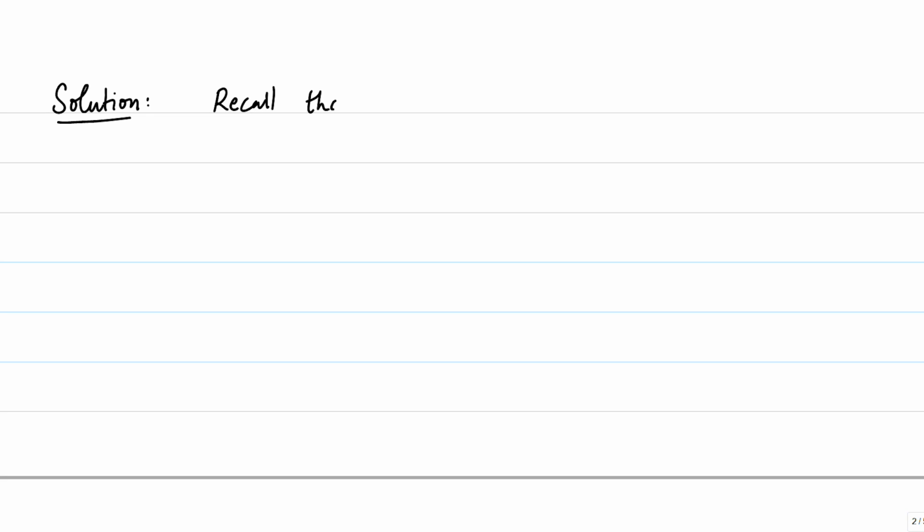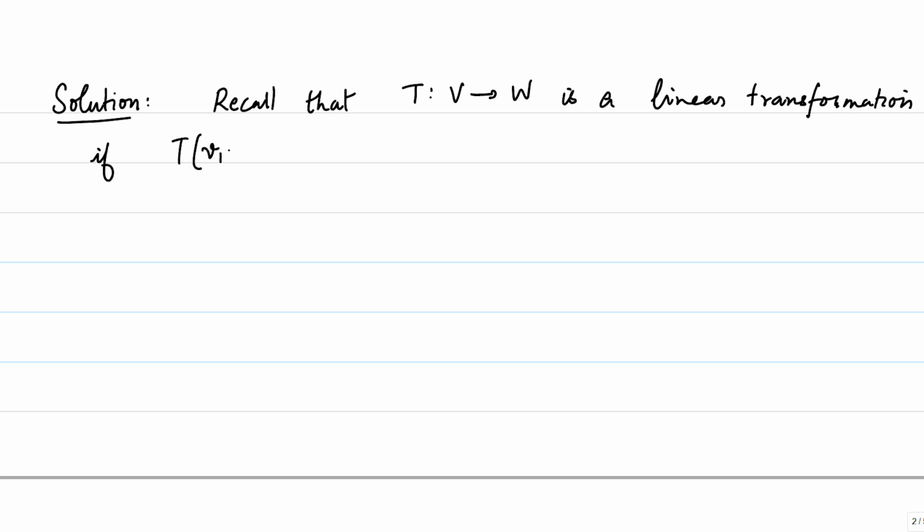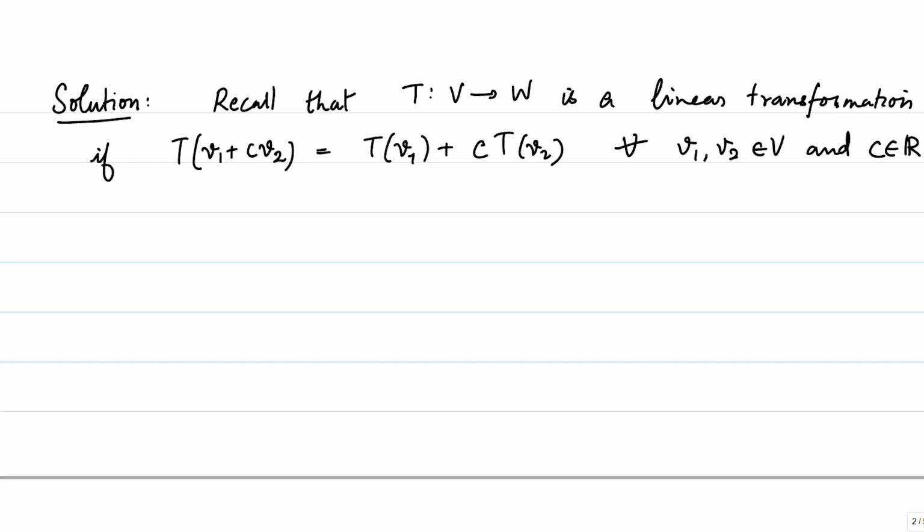This is the compact condition that we had found: T of (v1 plus c v2) is equal to T of v1 plus c T of v2 for all v1, v2 in V and c in R, the scalars. So we will apply this proposition we had proved in week 3 to check whether our given maps are linear or not.